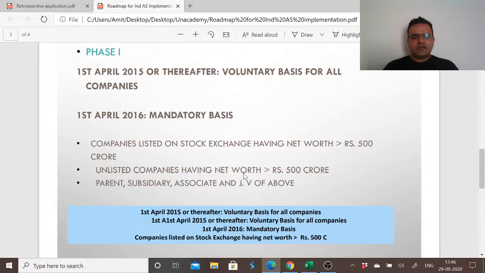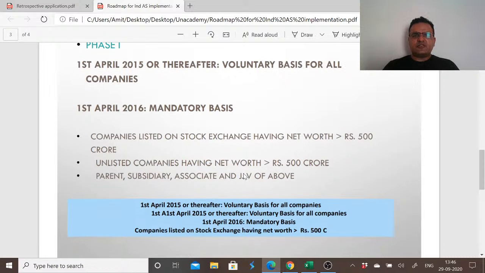So mandatorily applicable from 1st April 16 financial year, which ended on 31st March 17. The first Ind AS compliant balance sheet was of 31st March 17, resulting in a date of transition of 1st April 2015, which converted the balance sheet of 31st March 15.